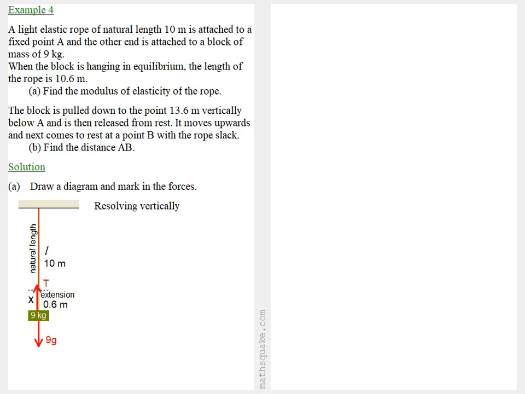Resolving vertically, we get T equals mg. So, using Hooke's law, which is T equals lambda x over L, we've got 9g is equal to lambda times 0.6 over 10. We can multiply by 10 and divide by 0.6 and get 9 times 9.8 times 10 divided by 0.6 is equal to lambda.